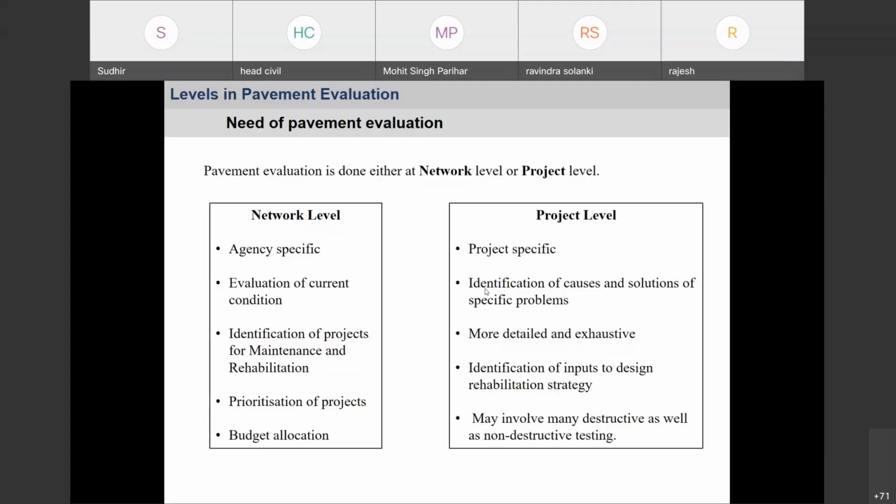For all this, I might conduct several destructive as well as non-destructive testing, right? So project level may involve more number of testing compared to network level of pavement evaluation, right? Because in project level, I'm going more into details.